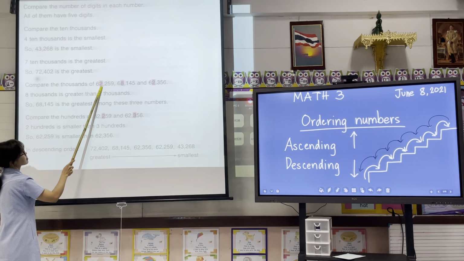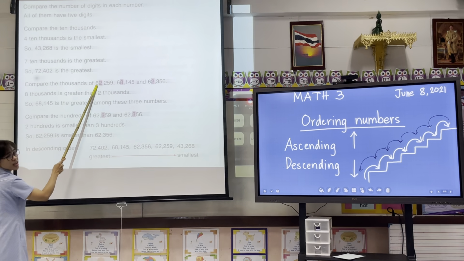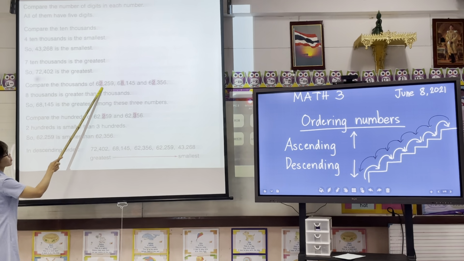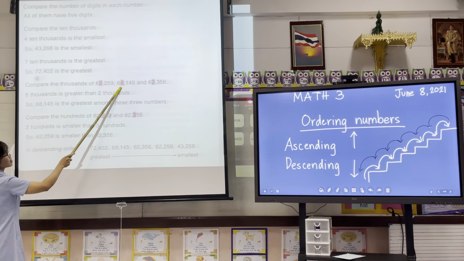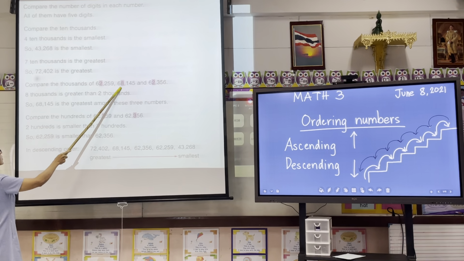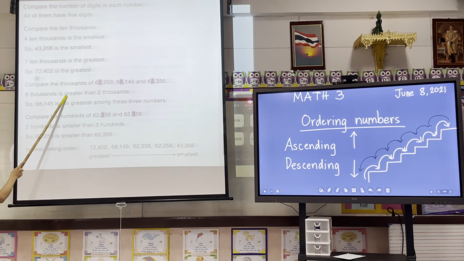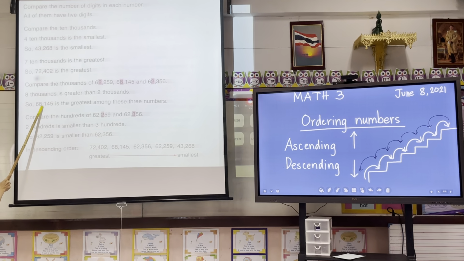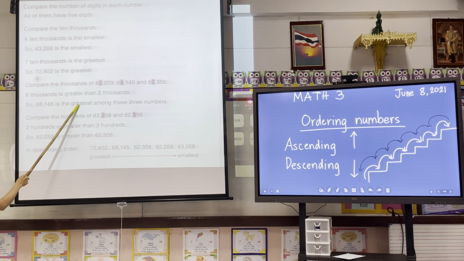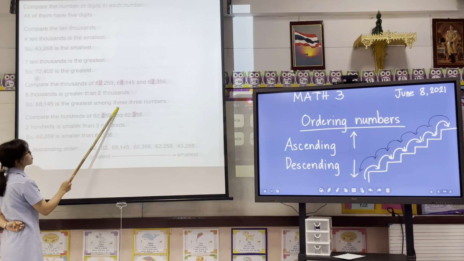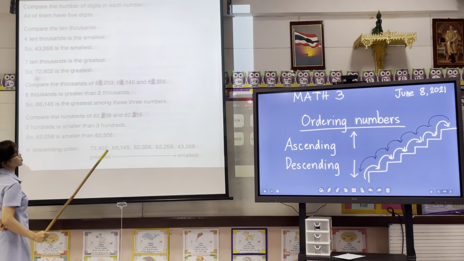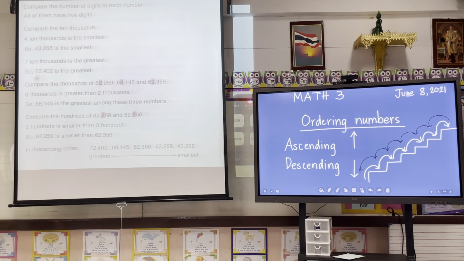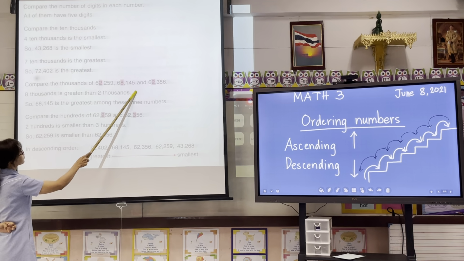So these have the same thousands place, 2,000. So 8,000 is the greatest. 8,000 is greater than 2,000, of course. So meaning to say, 68,145 is the greatest among the 3 numbers. Alright? Now, so this is already out.